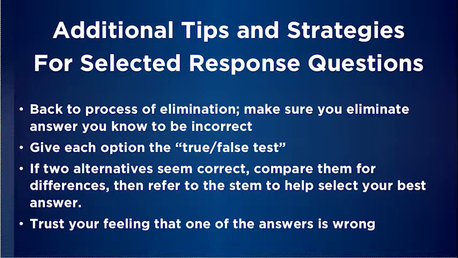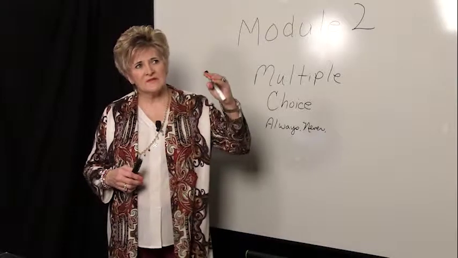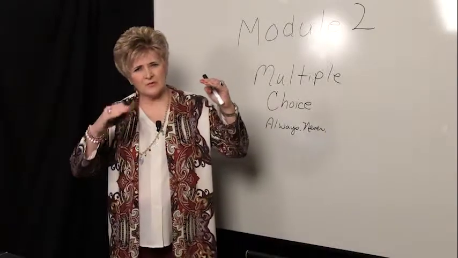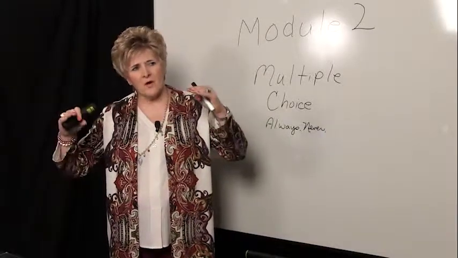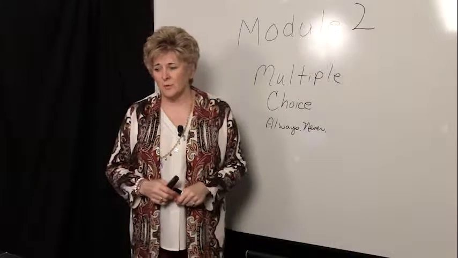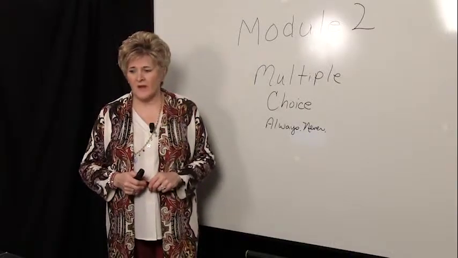Process of elimination. We talked a little bit about that, but eliminate the answers that you feel are incorrect first. Give each option the true-false test. If it's asking this, would that be true or would that be false? That can often help you with getting the right answer.